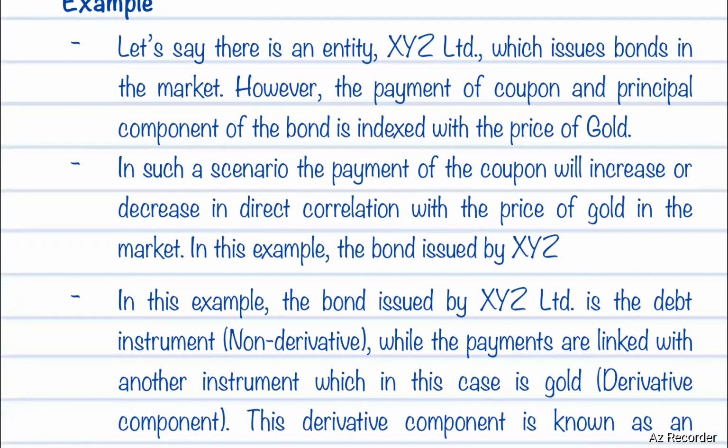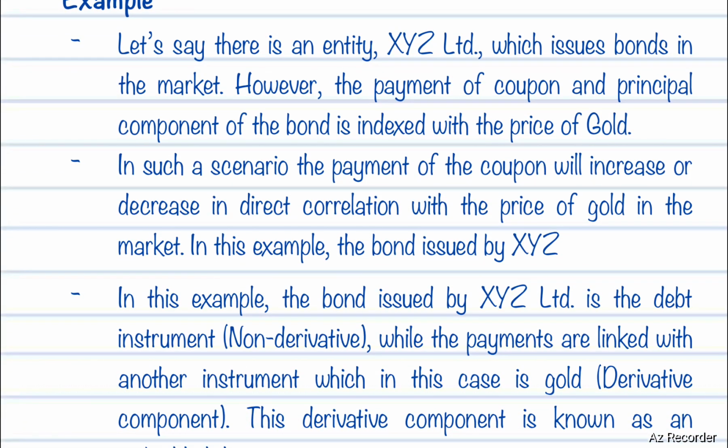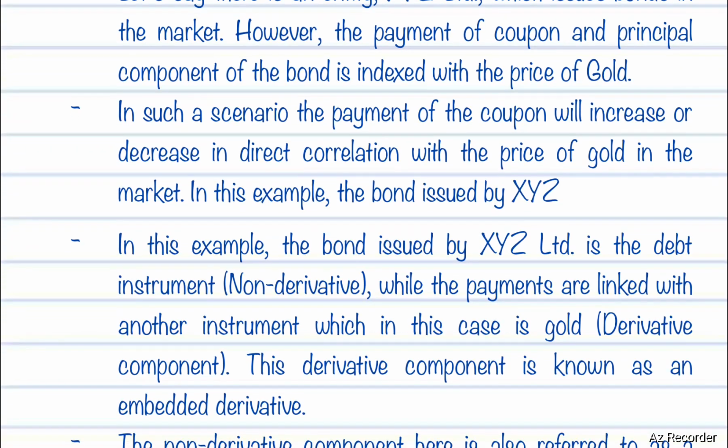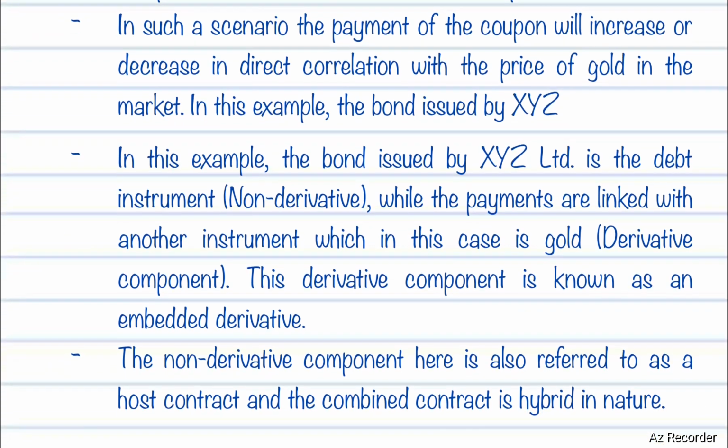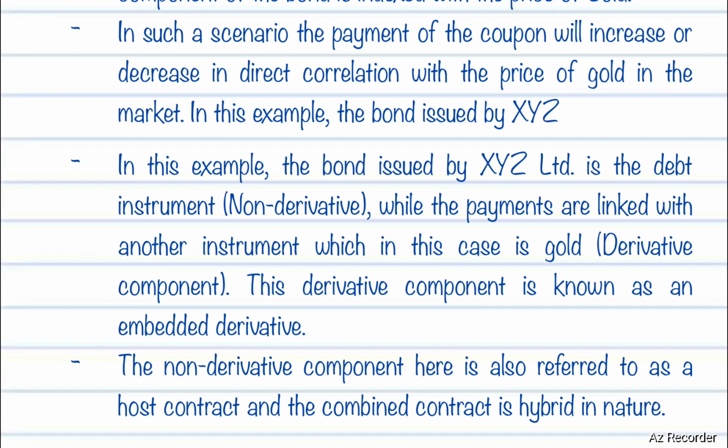Example, let's say there is an entity XYZ which issues bonds in the market. However, the payment of coupon and principal component of the bond is indexed with the price of gold. In such a scenario, the payment of the coupon will increase or decrease in direct correlation with the price of gold in the market.